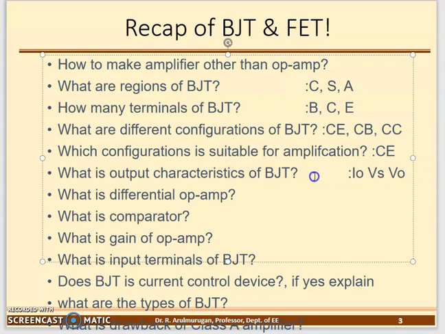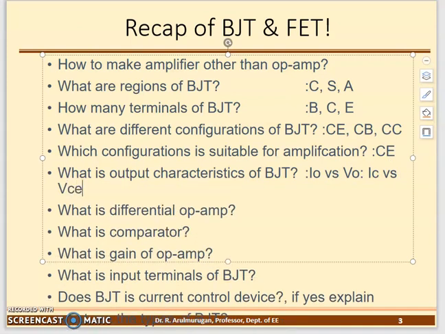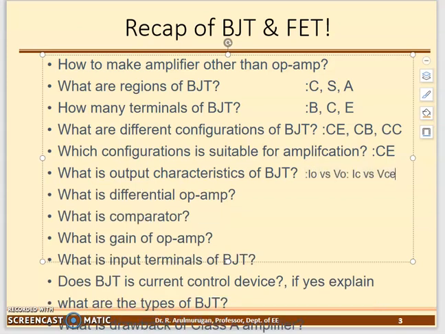What is the output voltage? It is VCE. So this is called the output characteristics.